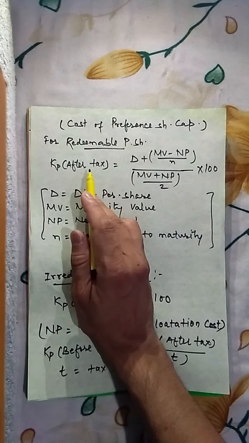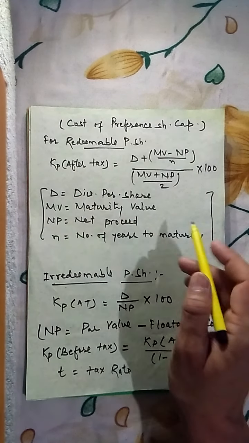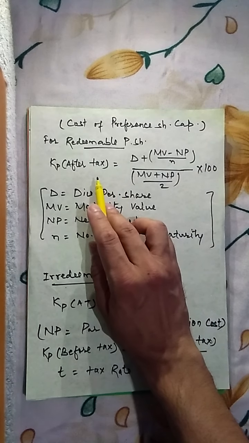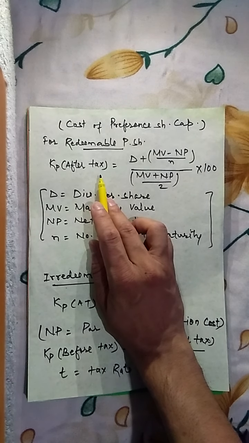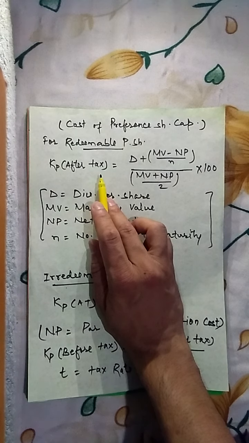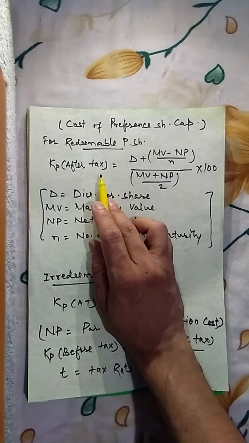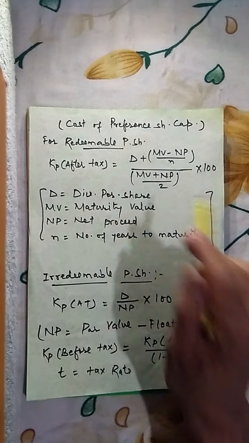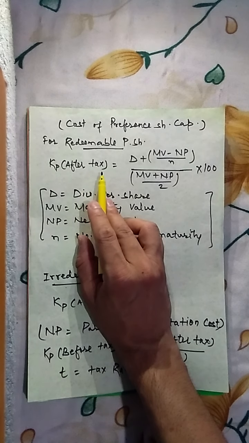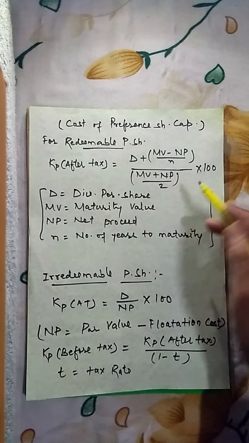But when we talk about cost of preference share capital, then the dividend paid on preference shares is not a permissible deduction. That is not a deductible expense for tax purposes. So here in this case, this is after tax cost, and for cost of capital purpose we need after tax cost only. So we will use this formula.